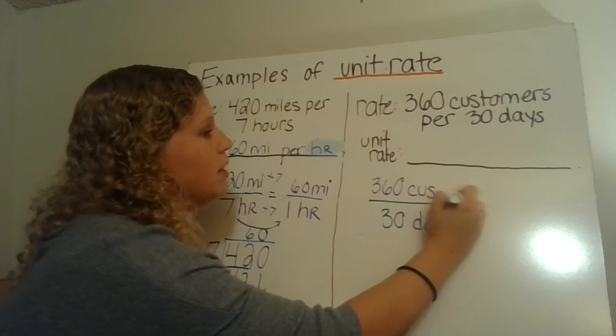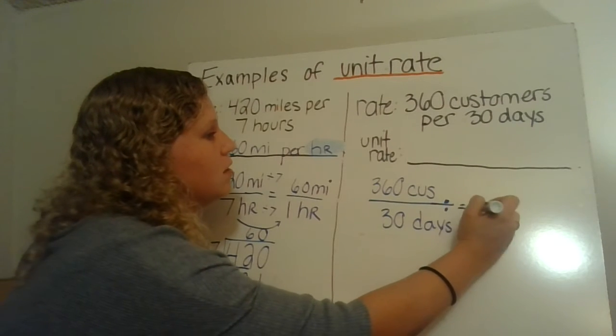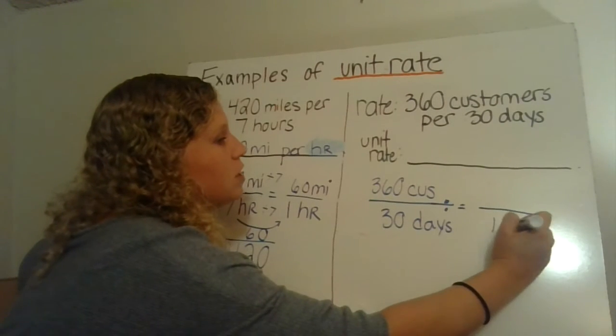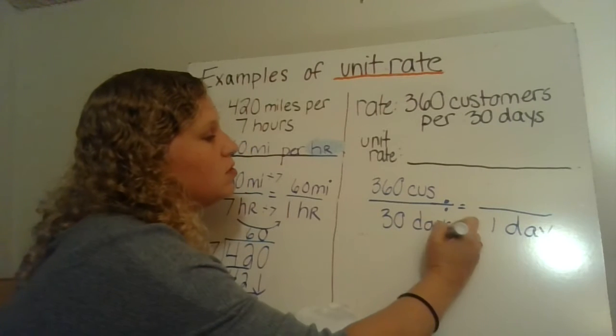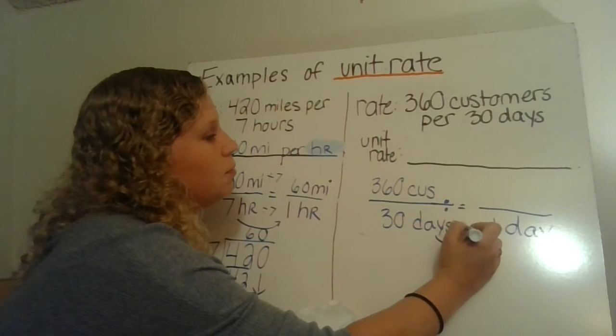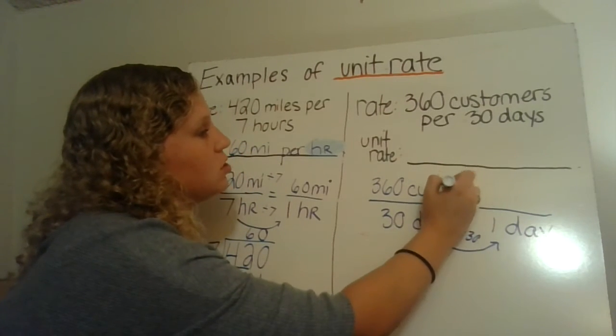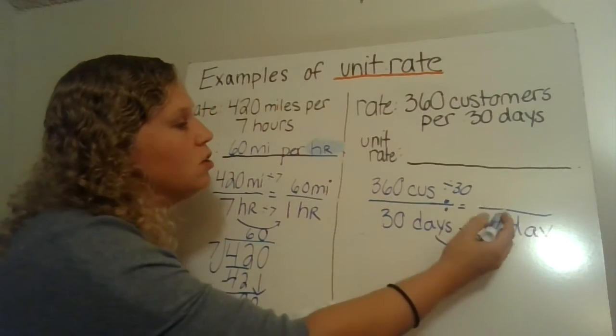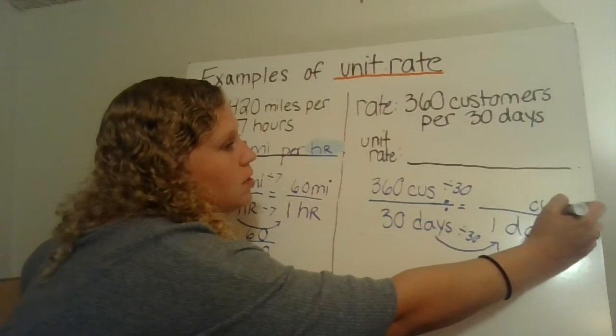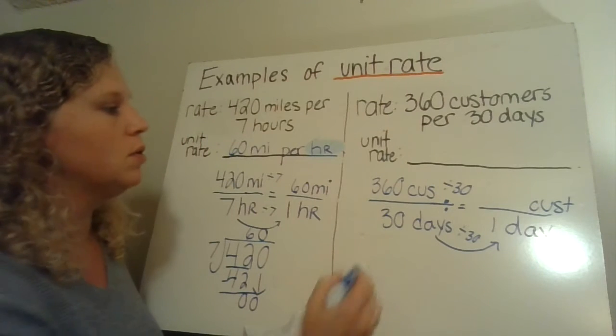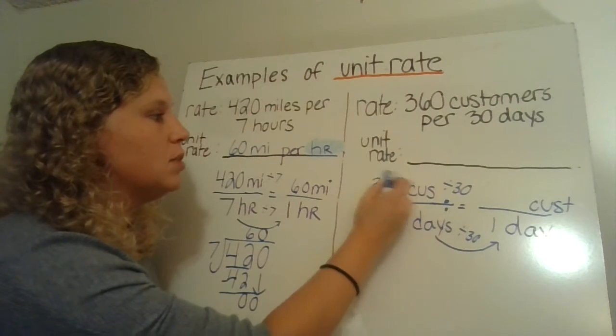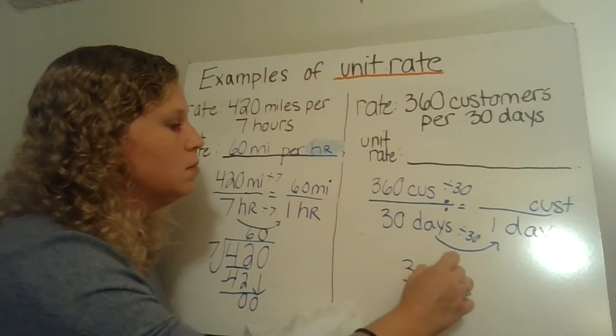You might remember fraction line means divide. That might be your first trick to help you, or you can set up your equivalent ratios to see if you divide both the top and the bottom of this fraction or ratio by 30, you'll figure out how many customers came in 1 day. So fraction line means divide. I'm going to divide 360 by 30.